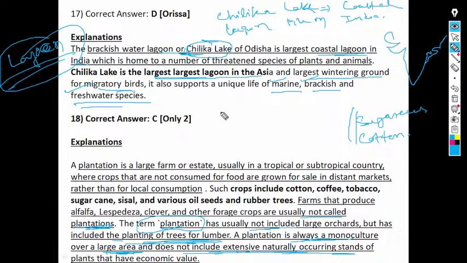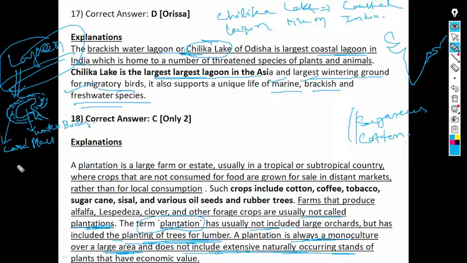A lagoon means, we will say, this is your land mass and this is your water body.